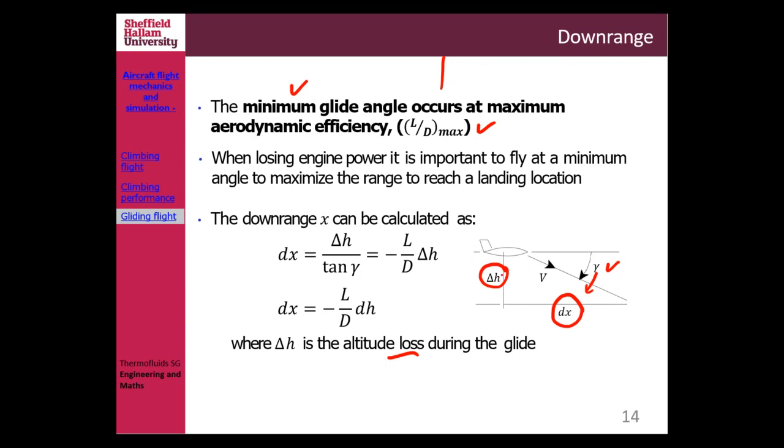So, for example, if you do this in your flight simulation later on, when you investigate your glide performance, normally we fly with different gamma. For example, if you drop from 20,000 feet to 10,000 feet, so delta H is 10,000 feet, and you vary the gamma, you will see that dx varies as well.